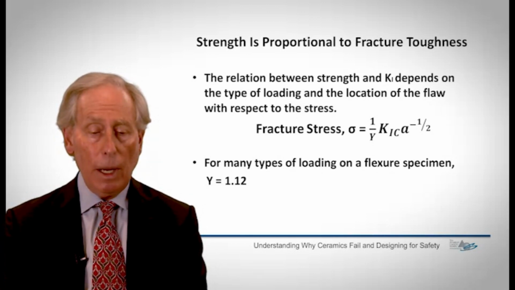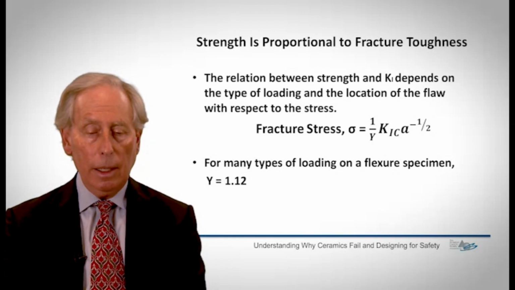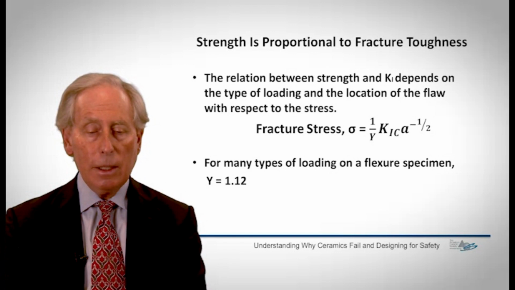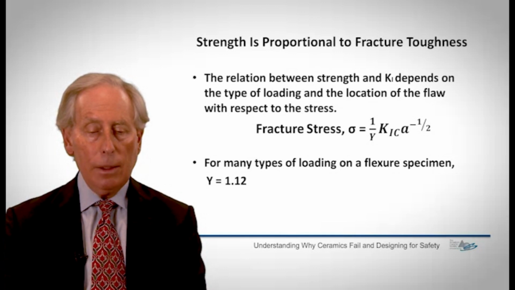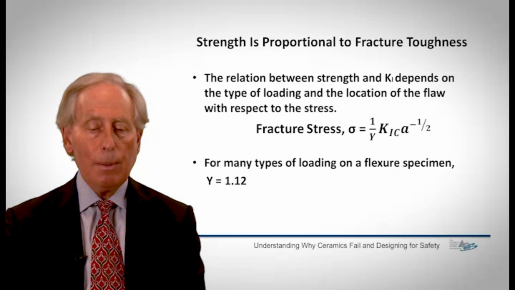So here is the equation that is key to our understanding really of brittle failure in most materials: the fracture stress, the strength if you will, is related to that critical stress intensity factor, which we typically call fracture toughness, times the inverse square root of the depth of the flaw into the surface, a to the minus 1/2, and this Y factor, which is related to the shape of the particular flaw that caused failure.